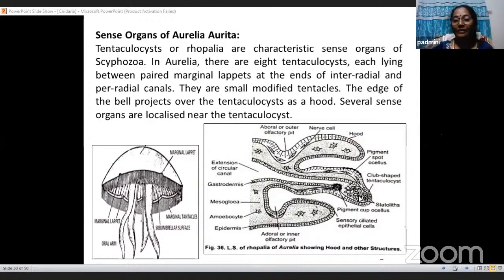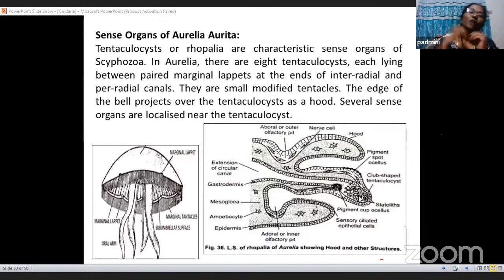Now, statoliths is something like our inner ear, which tells us whether we are sitting upright, or we are slanting, or we have fallen down. So that is the one that tells us the equilibrium is maintained. For example, if somebody punches you hard in the ear, you will have a kind of convulsion and feel dizzy, and you just fall down, right?